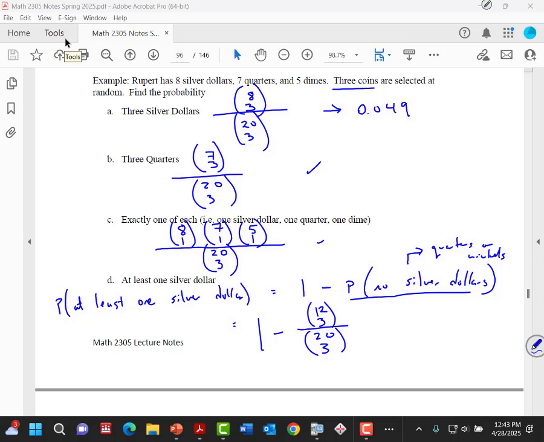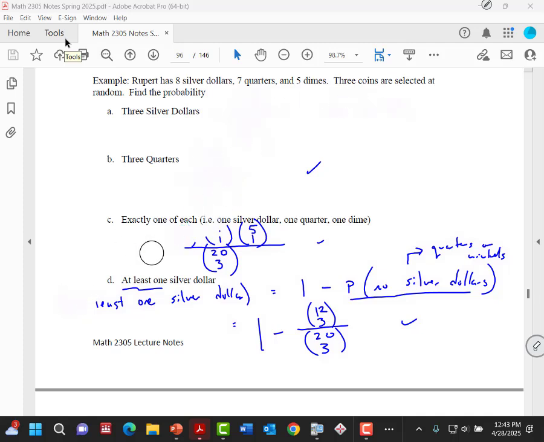This would give me the probability that I get no silver dollars. And then subtract that from 1 to give the probability that I get at least 1 silver dollar. So I'll leave it to the student to actually punch that in and find out what that probability is. Let me erase this and move on to a different page.